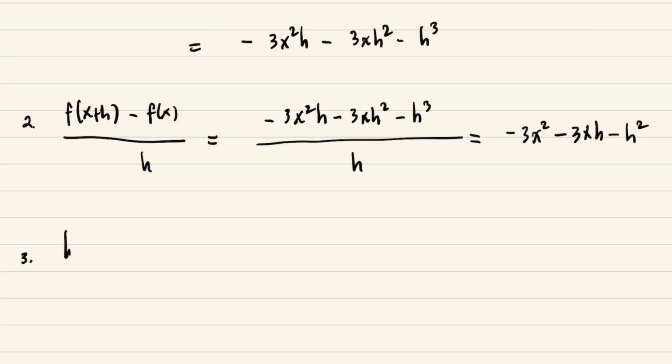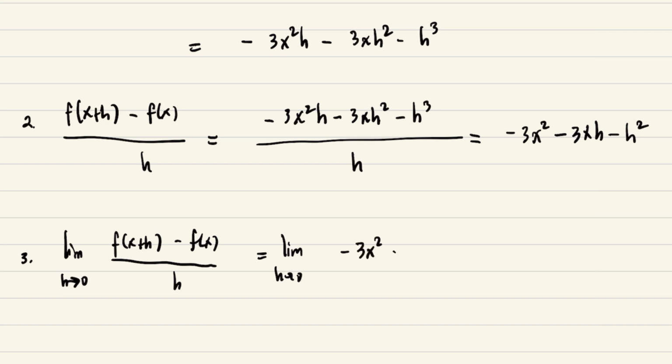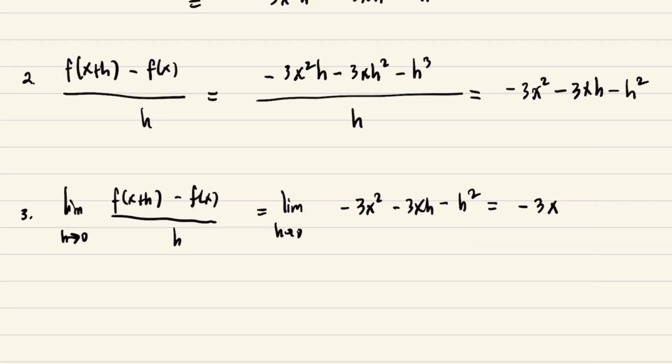For the last step, we take the limit of f of x plus h minus f of x all over h as h approaches 0. So this becomes the limit of negative 3x squared minus 3xh minus h squared. So the answer is negative 3x squared. Therefore, the derivative of f of x is equal to negative 3x squared. That's it.